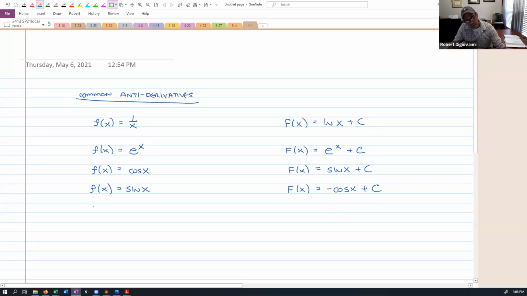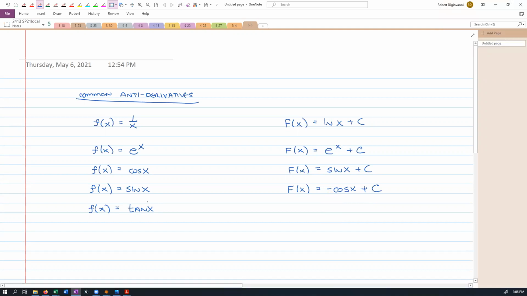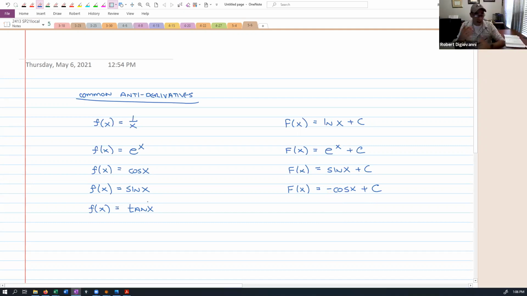So how about this one though? We didn't talk about this last time. The antiderivative of tangent x. Are you thinking of the derivative of it or the antiderivative of it? Antiderivative. It actually turns out to not be something that we can do right now.